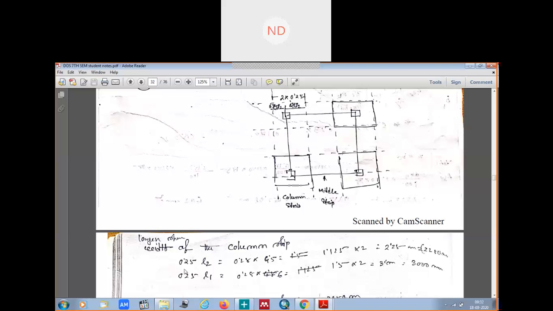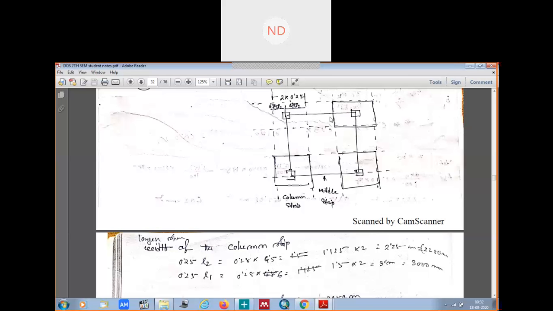So along the longer direction, what will be your 0.25 L2 now? L2 will be this center to center distance transverse to your longer direction, and this distance is known to us, 4.5. In our question it is given, the longer direction is 6 meter, this is 4.5 meter. So 0.25 L2 is how much now? 2.25 from both the sides, right?